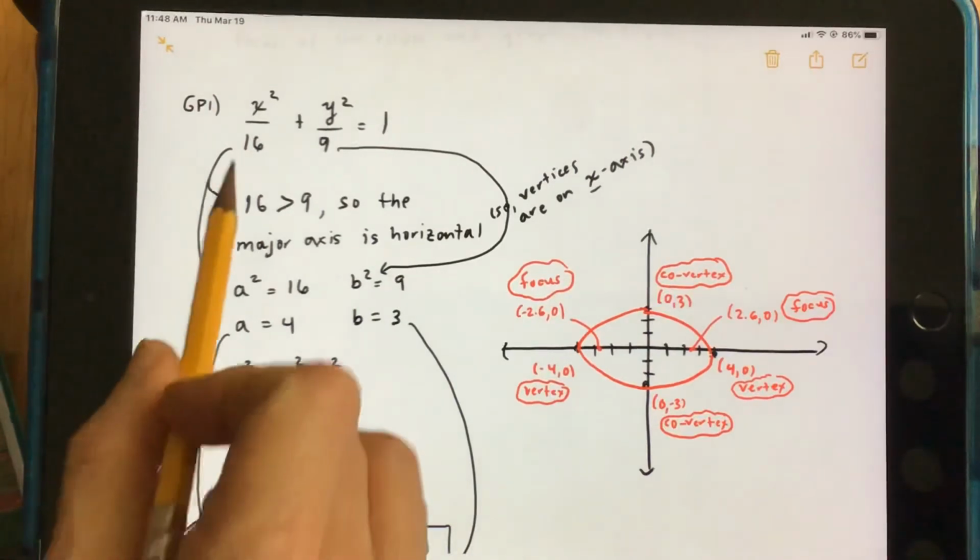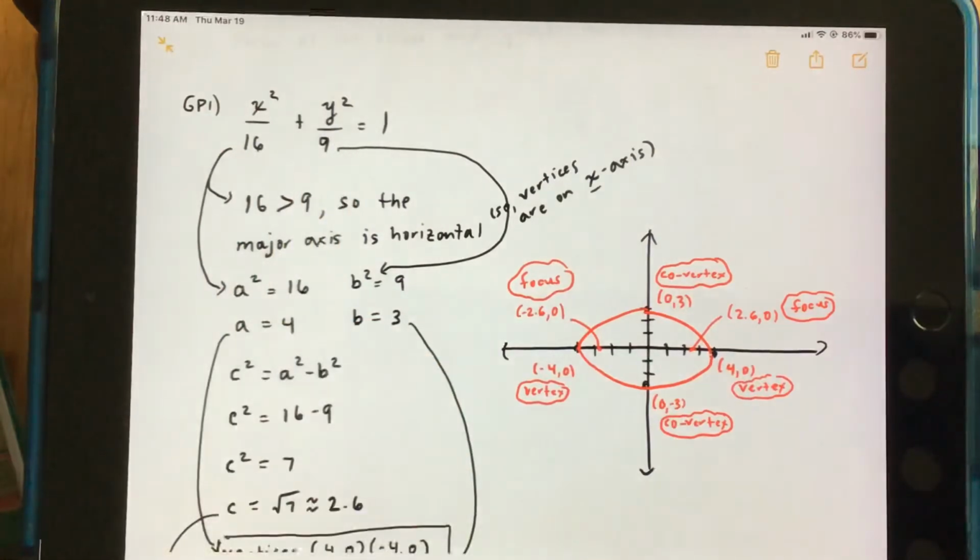The bigger number in the denominator here will always be your a squared. So we are able now to say that a squared is equal to 16, and therefore when you take the square root of 16, a is 4. That means the other number, 9, will be our b squared number. B squared is 9, and the square root of b squared is 3. So b is 3. Those are going to be the numbers for our vertices and covertices.